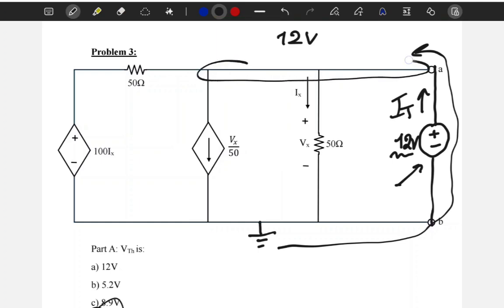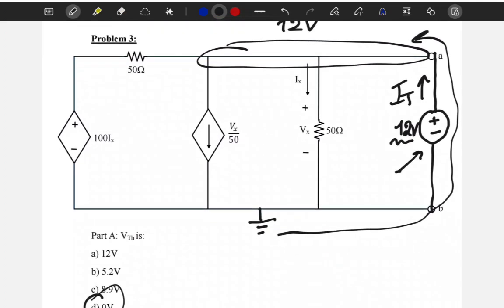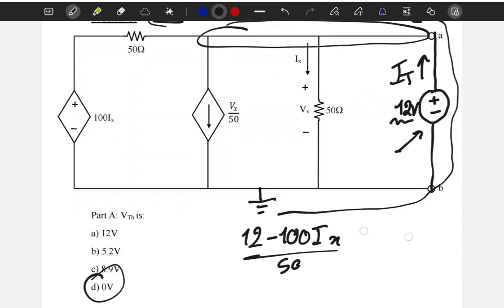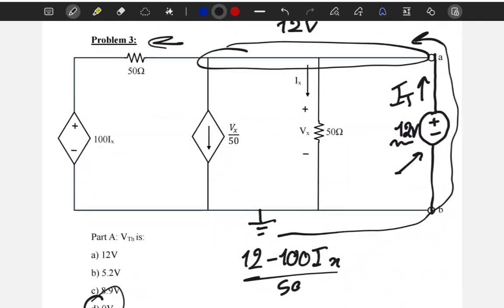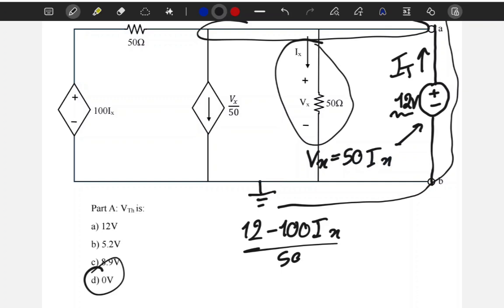Now let's do nodal here, or KCL actually. So we need the current in here, which is 12 minus 100 Ix divided by 50. And then I have plus Vx over 50. But notice how Vx is 50 Ix. By Ohm's relation in here, we find Vx is equal to 50 Ix.